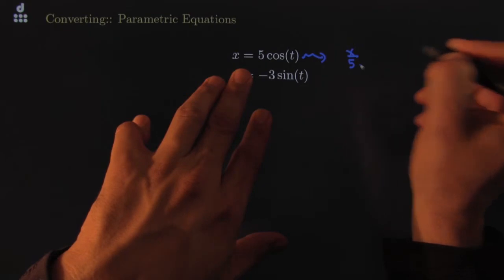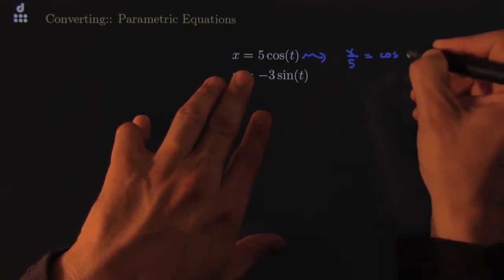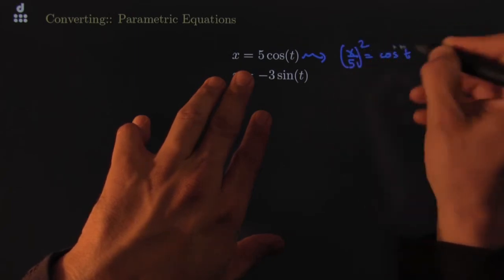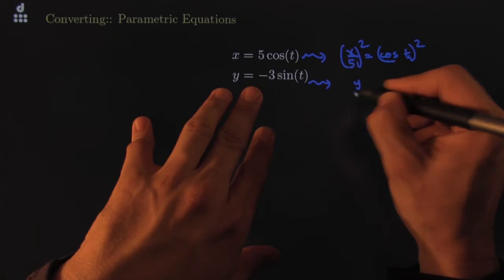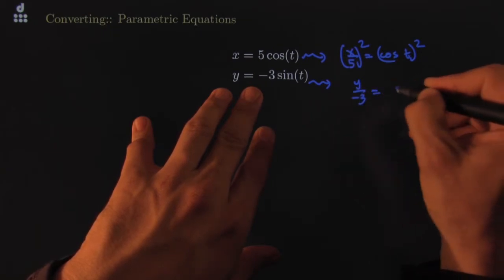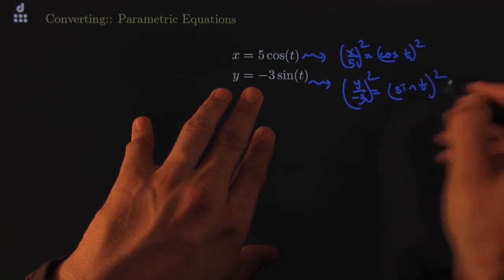x over 5 is equal to a cosine t. Therefore x over 5 squared is equal to cosine squared t. This one would say that y over negative 3 is equal to a sine t. Therefore this one squared is equal to that one squared.